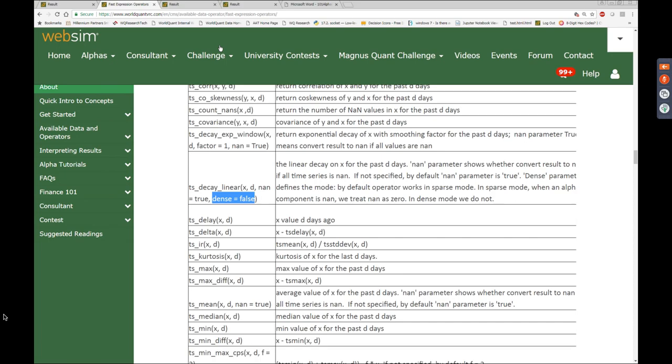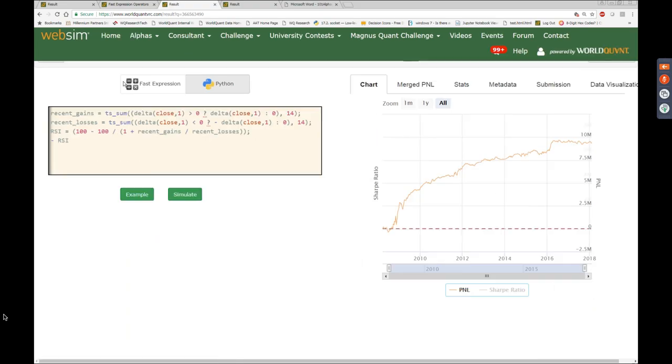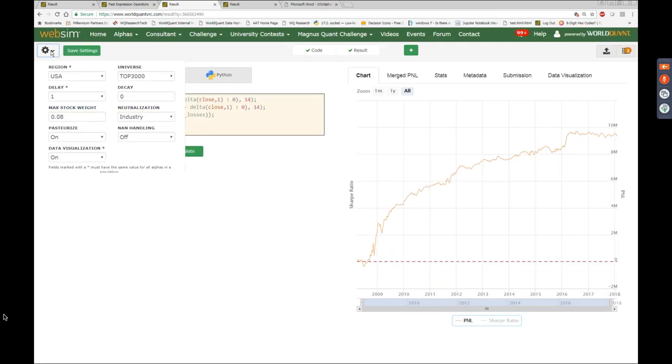And just as a side info, this linear decay is also the decay that is used after your expression if you set the decay in the settings. So a decay of 5 means a linear decay over 5 days.